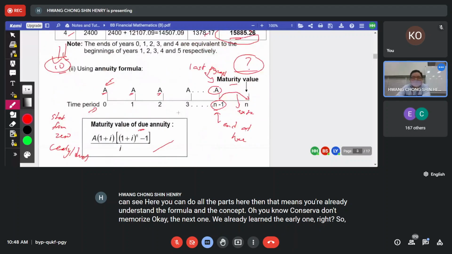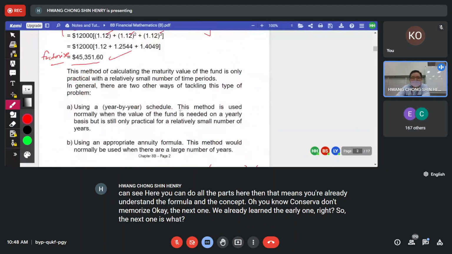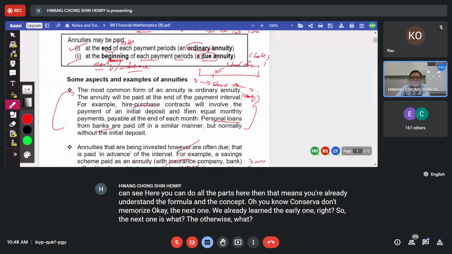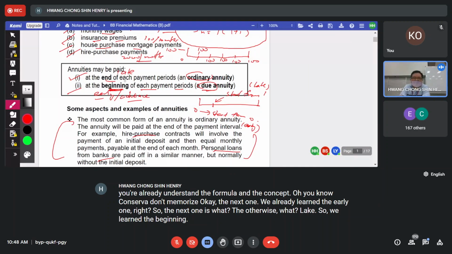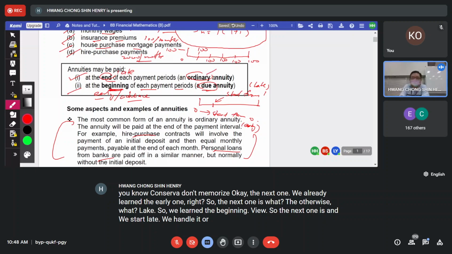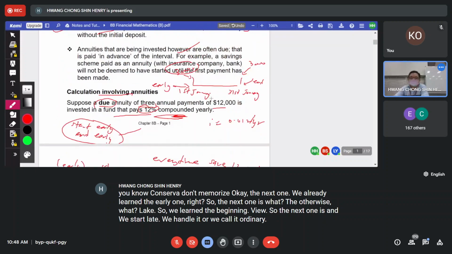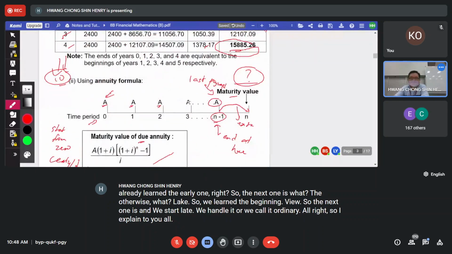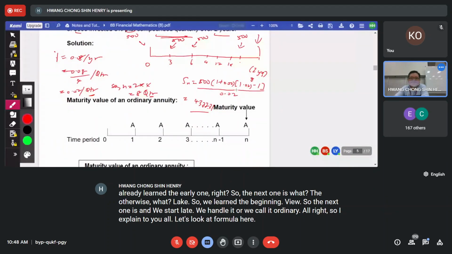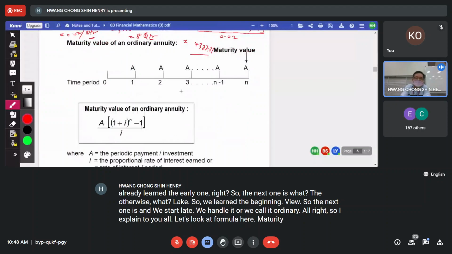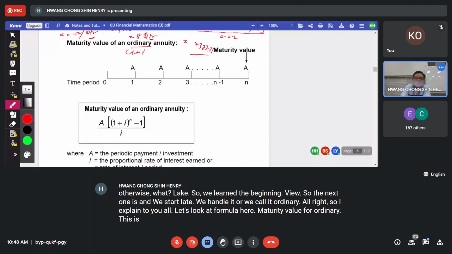So the next one is what? The other one is what? Late. So we learned the beginning one, so the next one is end. We start late, we end late, or we call it ordinary. All right. So just like I explained to you all, let's look at the formula here. Maturity value for ordinary. This is the late.